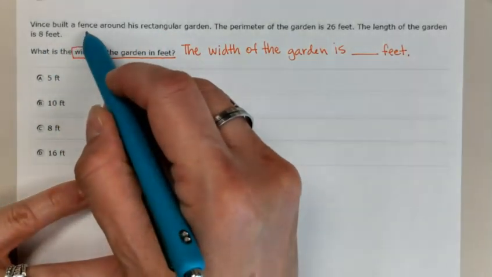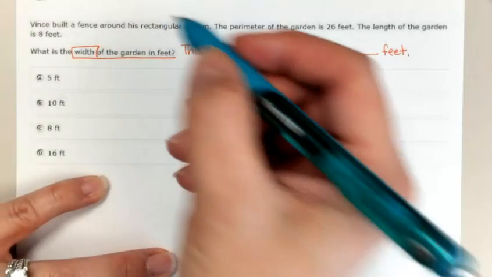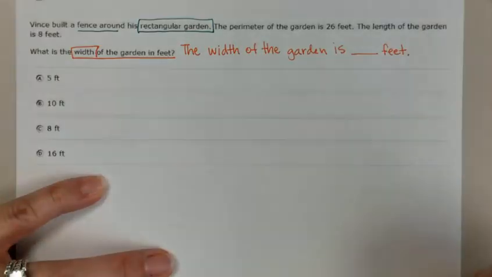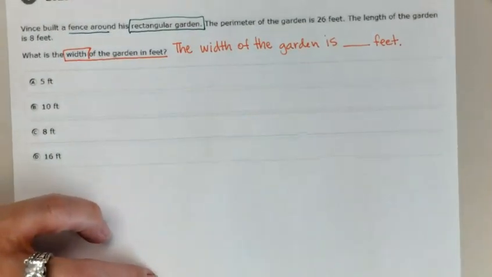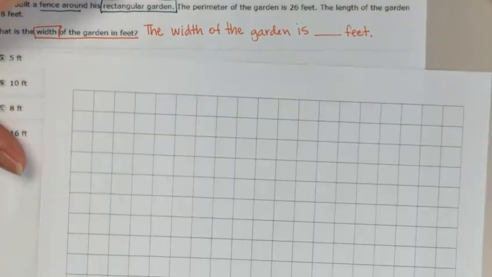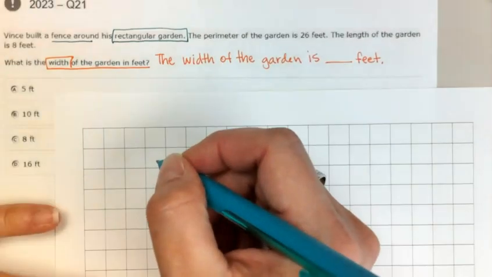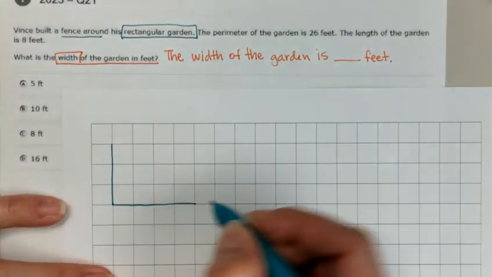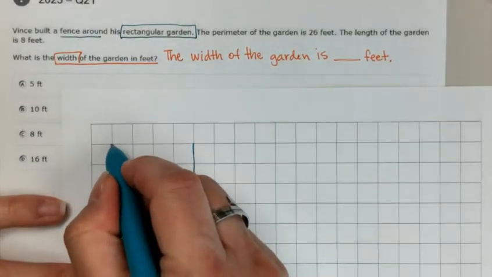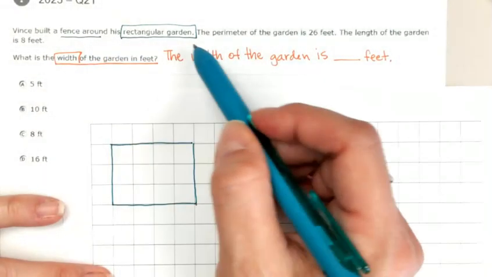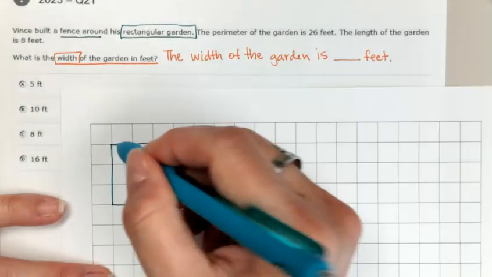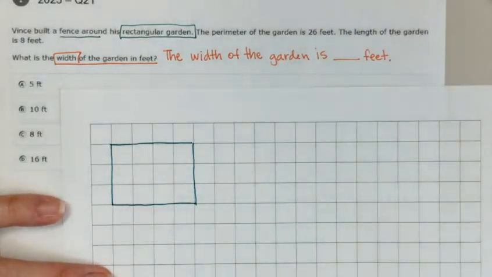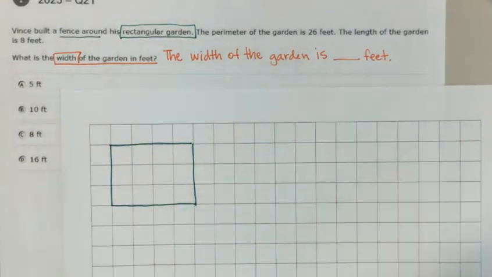Vince built a fence around, okay, so a fence around his rectangular garden. So they've given us a shape. So I'm going to go ahead and grab my graph paper, and I am going to draw my shape. All right, so a fence around, and that could be our garden. The perimeter of the garden is 26 feet, so that's going to be new information.